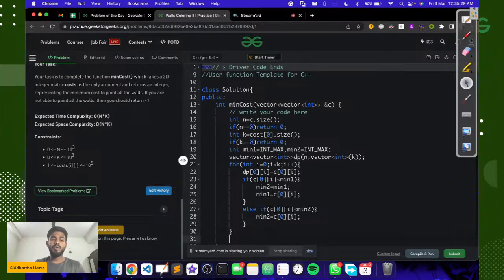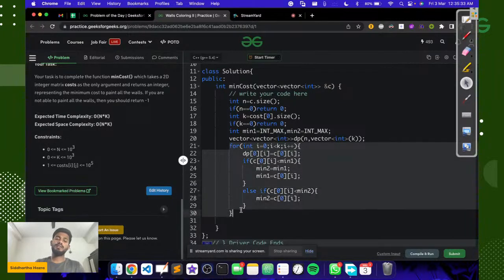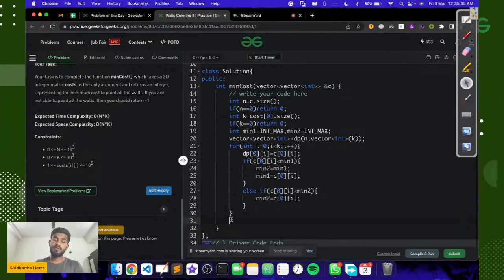Okay, so now we have decided everything for the first wall. After all this, if we need to paint only one wall, then we would simply return min 1.